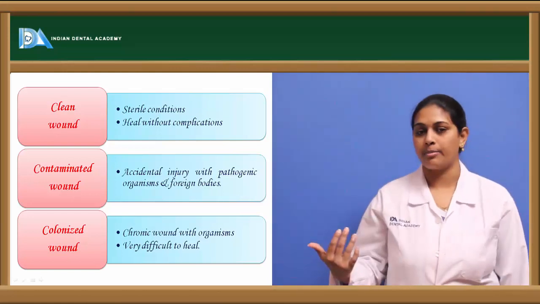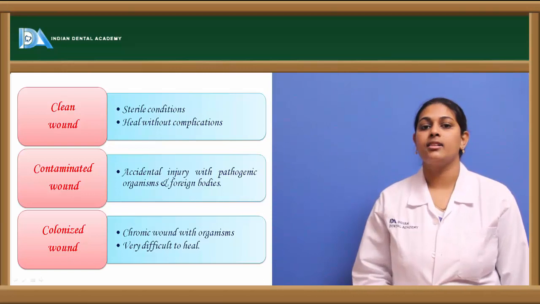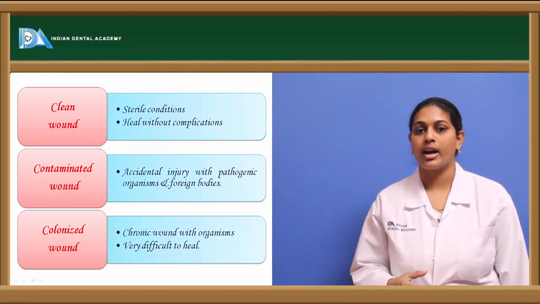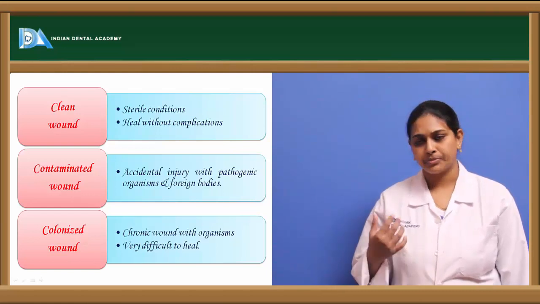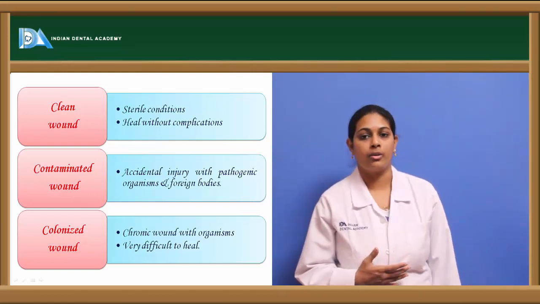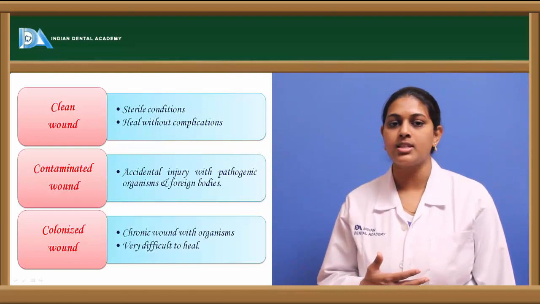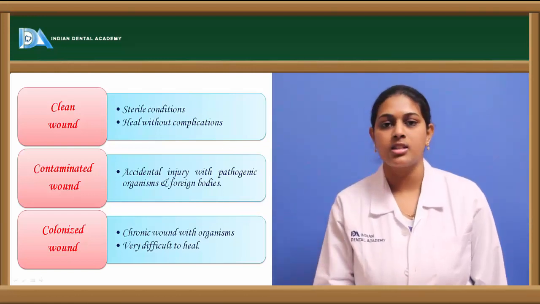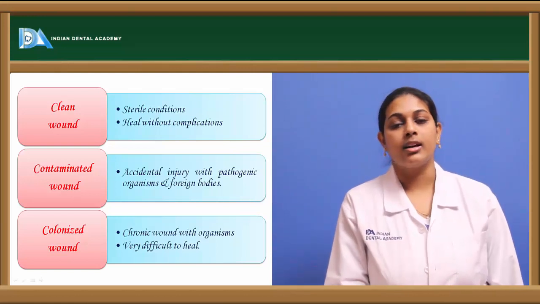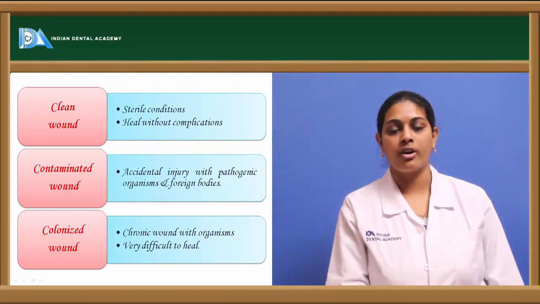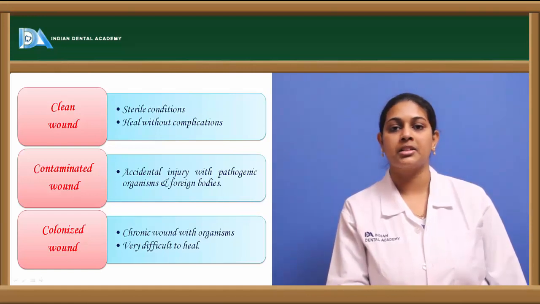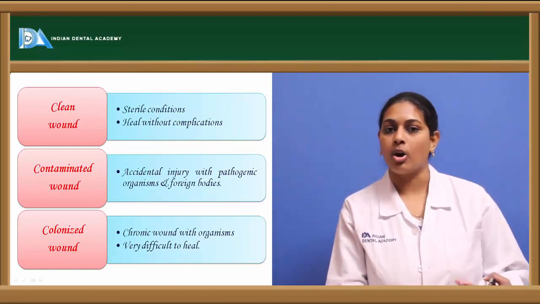conditions. Coming to a contaminated wound, when there are any accidental injuries associated with the presence of microorganisms which easily enter the body, or because of the presence of foreign bodies, this results in a contaminated wound. That is, a wound because of an accident or any trauma results in contamination, that is, exposure of this wound provides an environmental condition such that bacteria come and lodge into the wound.